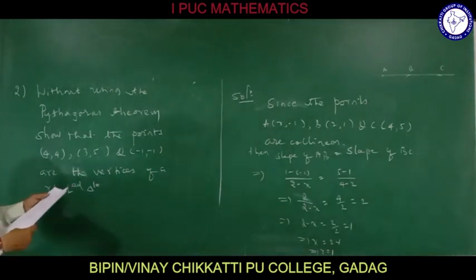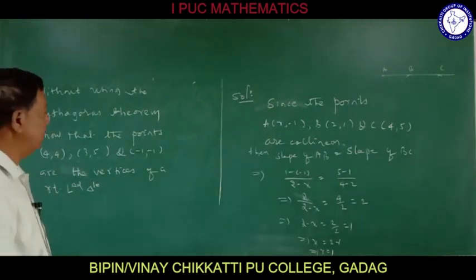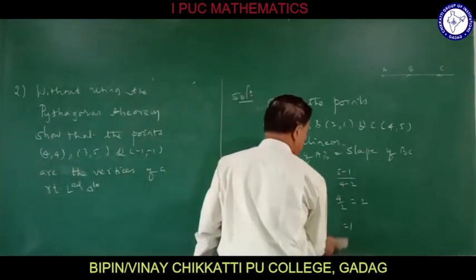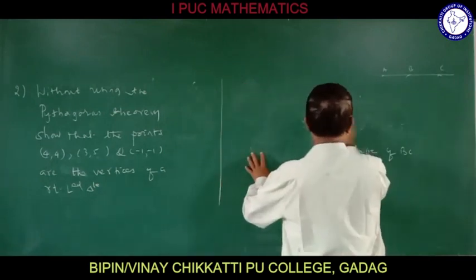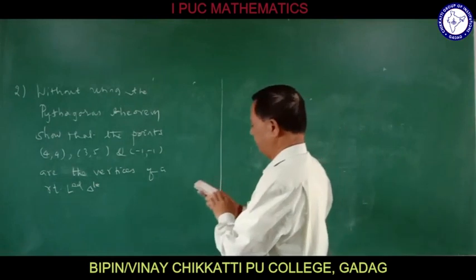So now here you have to see that for a right angled triangle, we are not using the Pythagoras theorem. Whenever you see a right angle triangle, you would normally prove it by the Pythagoras theorem.